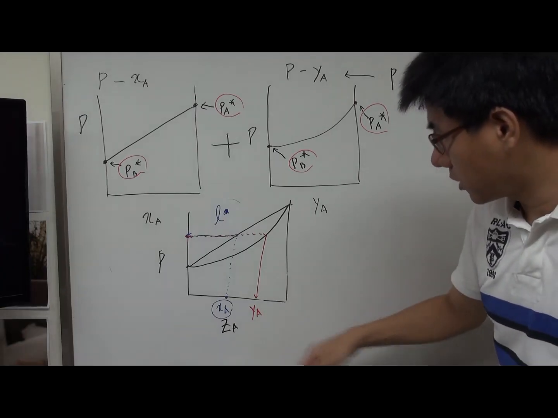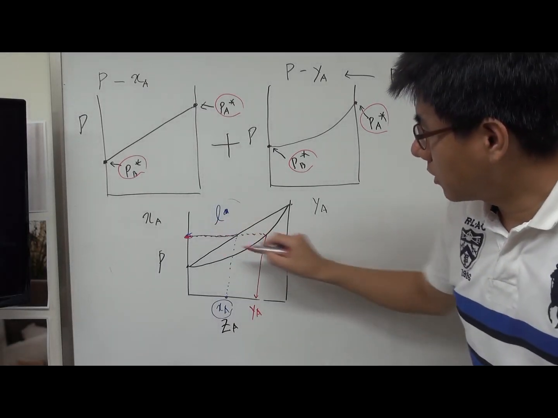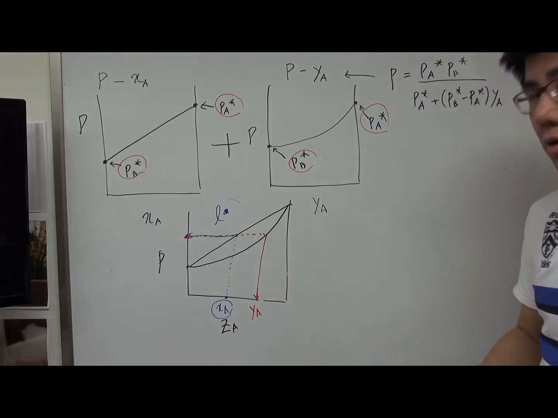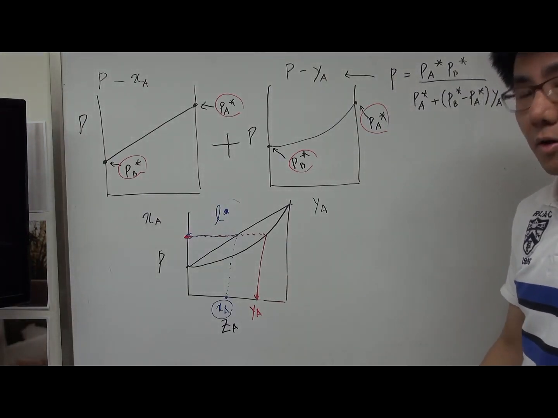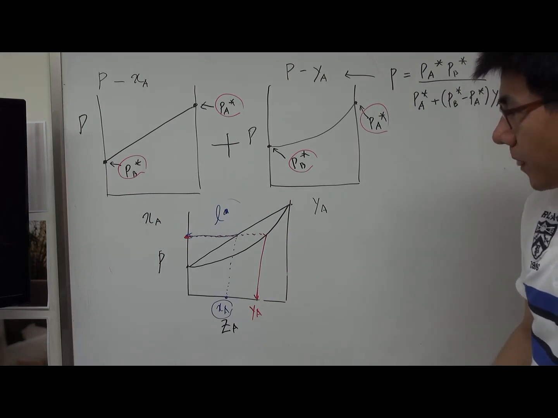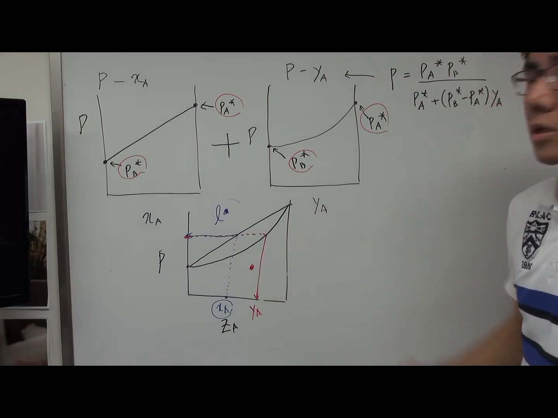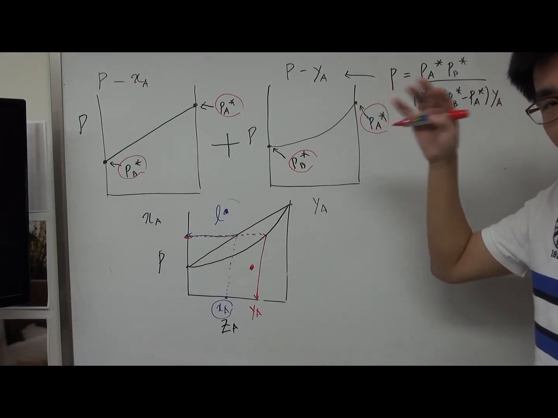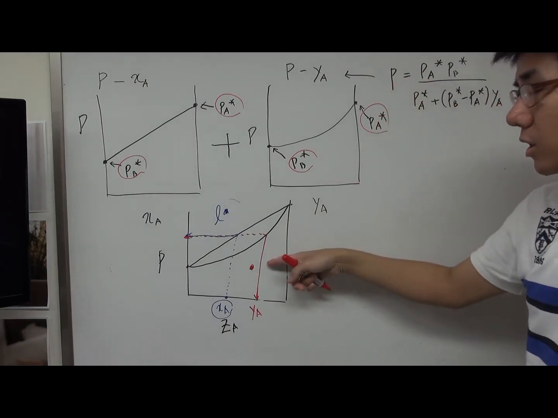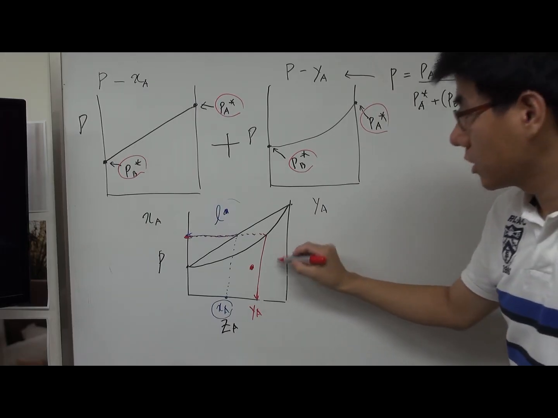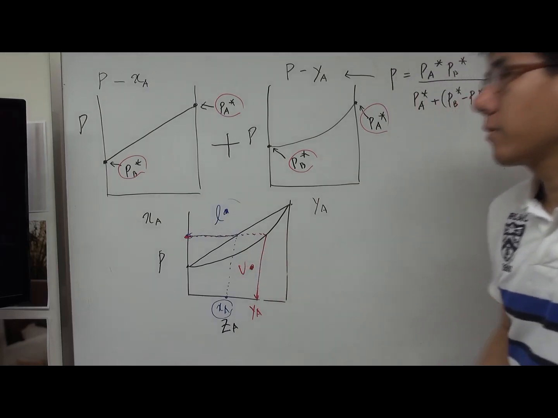And when the pressure is P here, this position represents the composition of A in the vapor phase, right? What if the pressure is smaller than this? If the outer pressure is smaller, then the material will evaporate more, right? So this area represents the vapor phase.